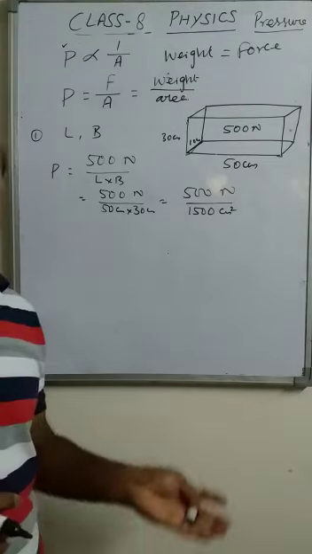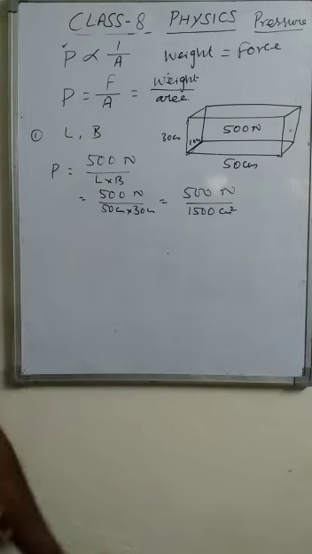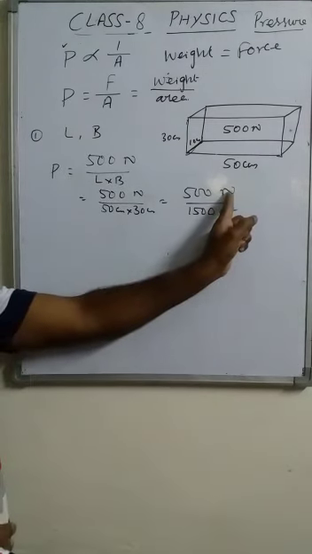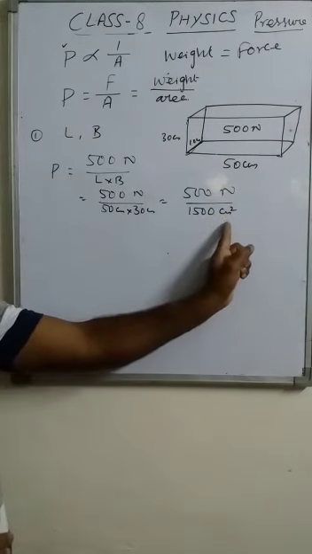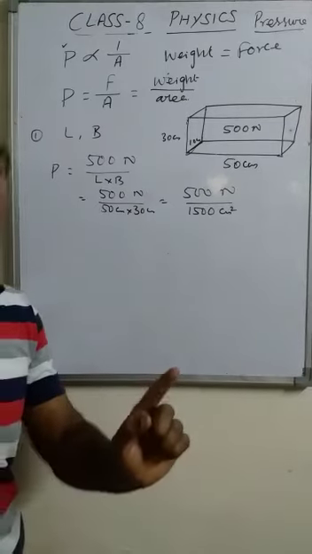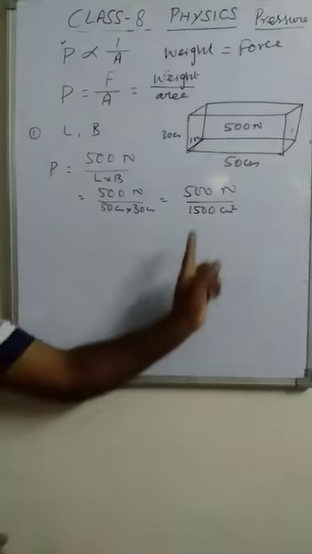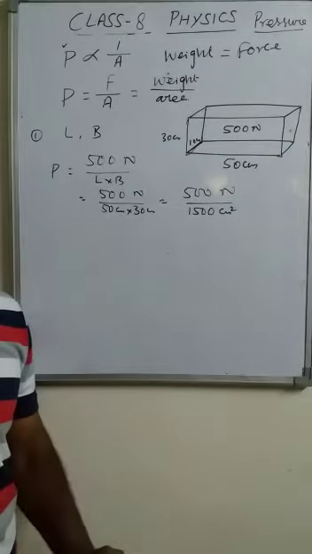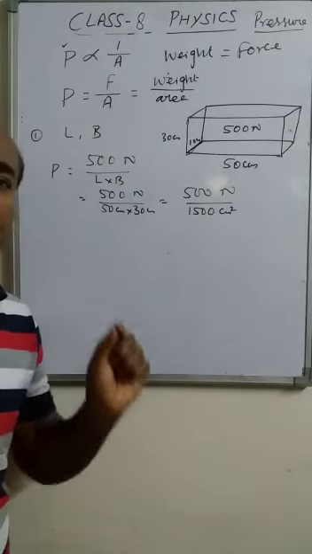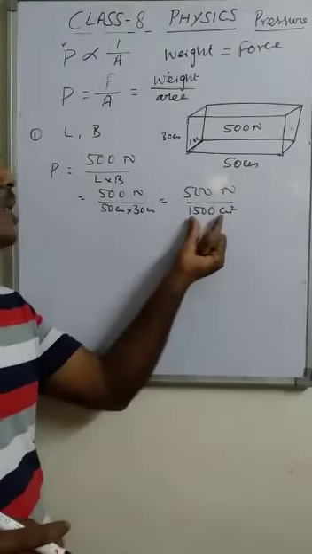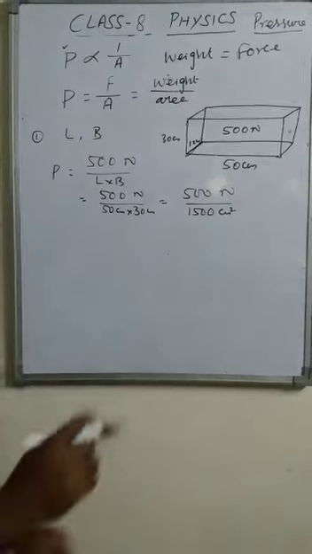One thing you must know: while we calculate anything, the units must be in proper order, either in SI unit or all in the same unit. Here this is in the SI unit, but here it is not. The SI unit of area is meter square, so it should be changed into meter square. To change centimeter square into meter square, just divide by 10,000.